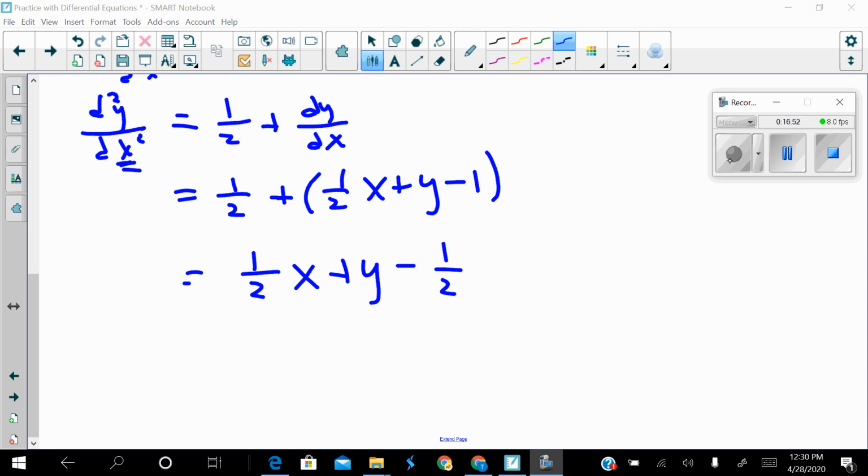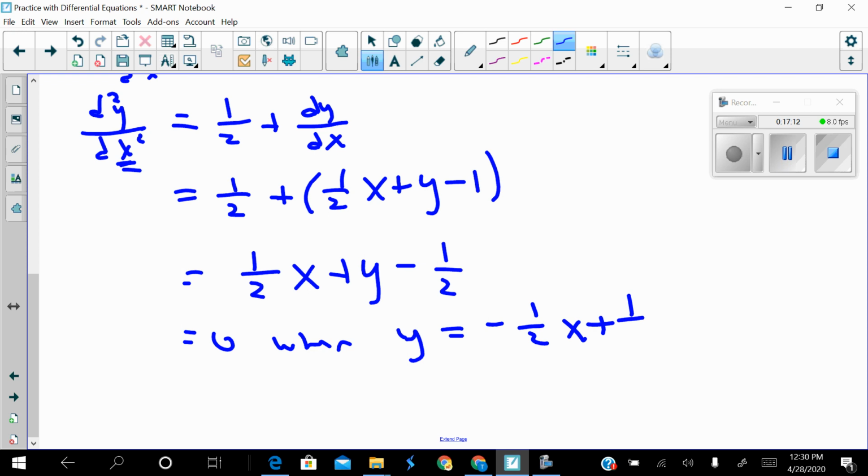Now this second derivative will equal 0 when y is equal to, if I solve for y, negative 1/2 x plus 1/2.